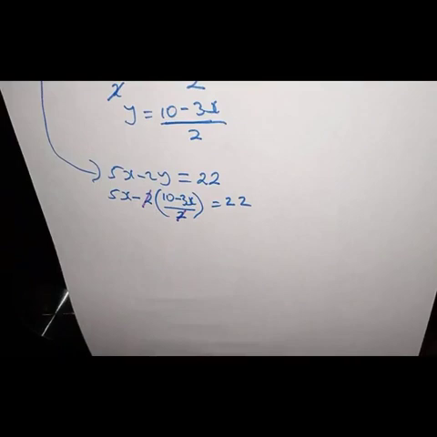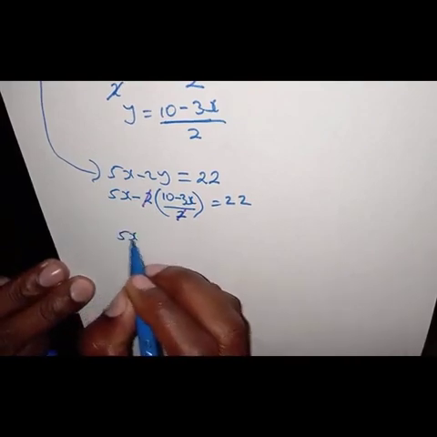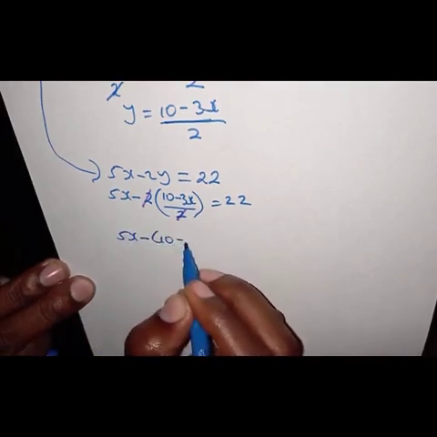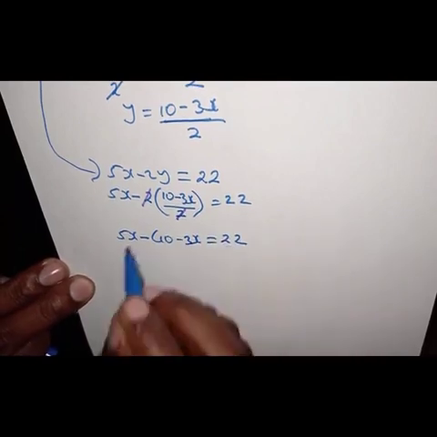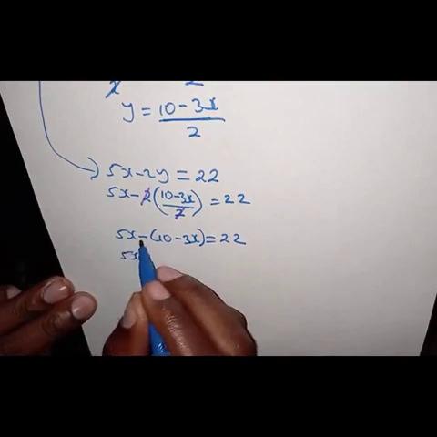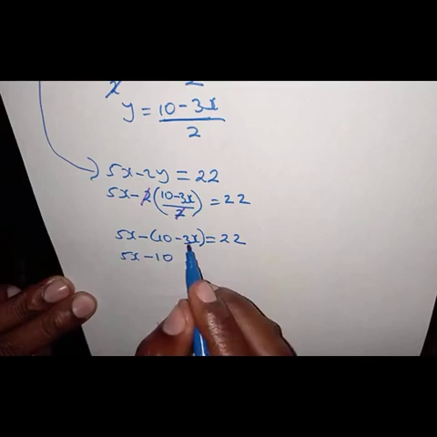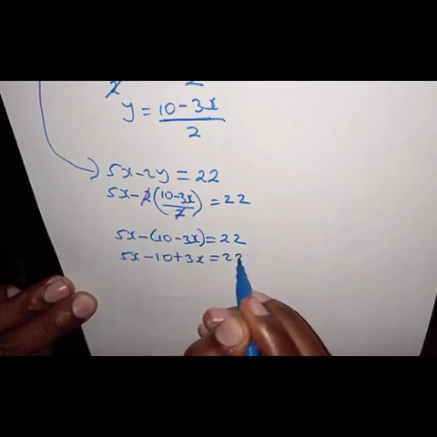You see that? They can divide. So it means we have remained with 5x minus, in brackets, 10 minus 3x is equal to 22. Oh, we close here. So now, negative times 10, negative 10, negative times negative 3x, positive 3x should give you 22, right?